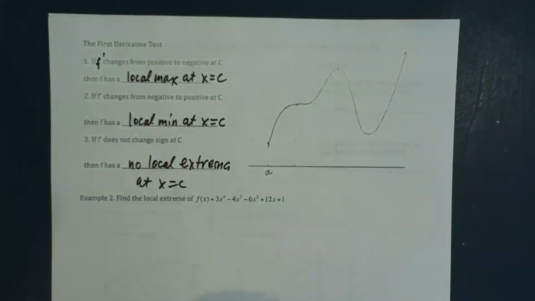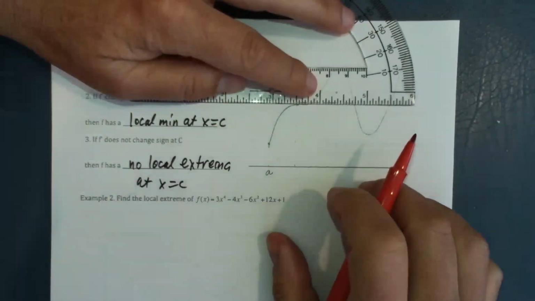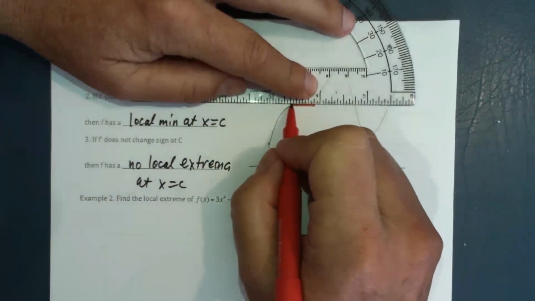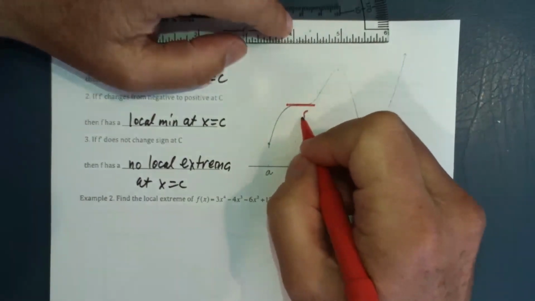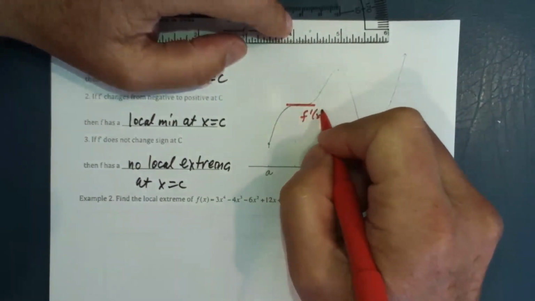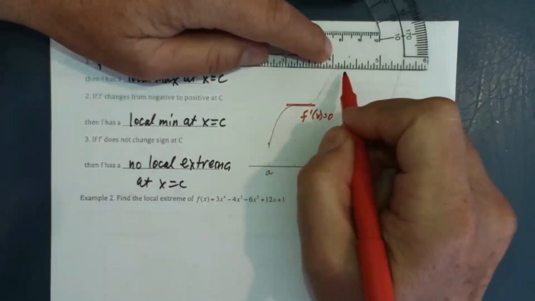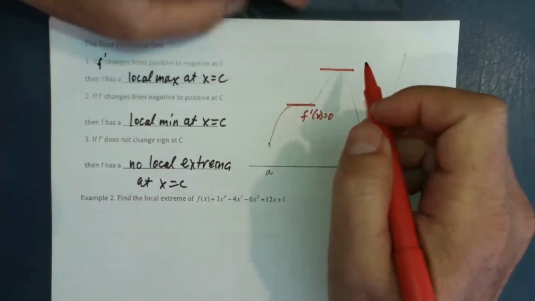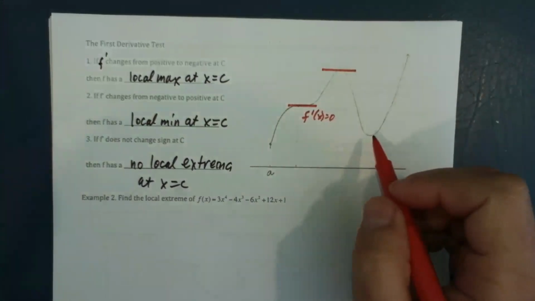Okay, so from negative to positive or positive to negative, that means that the slope is going to be 0 at one point. And I want to point out all the places where the slope is 0. We have right here. We have right here. And we have down here.